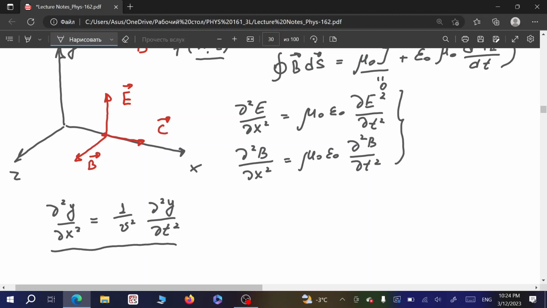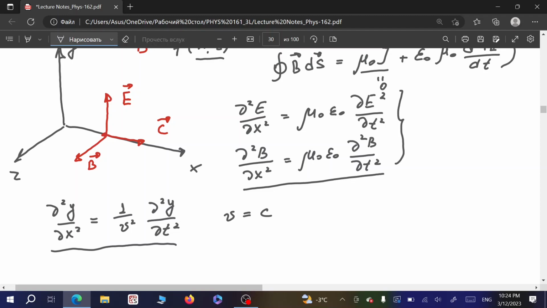So taking this into account, this general form of wave equation and the equations which we got for electric and magnetic field, we can come to the following conclusion. First of all, if we're talking about electromagnetic waves, obviously this v, the speed of propagation of the wave, should be equal to c, which is the speed of electromagnetic wave in free space, in vacuum.